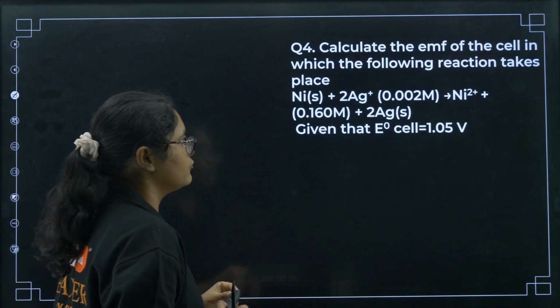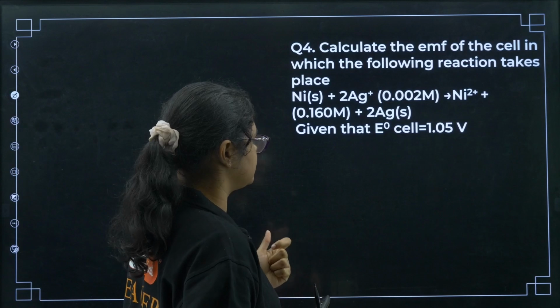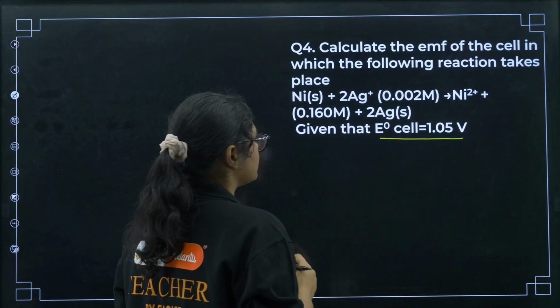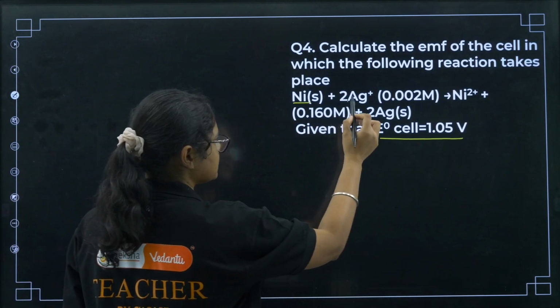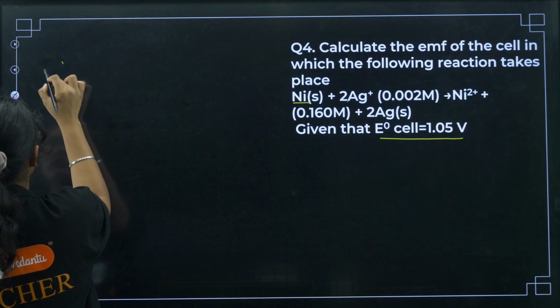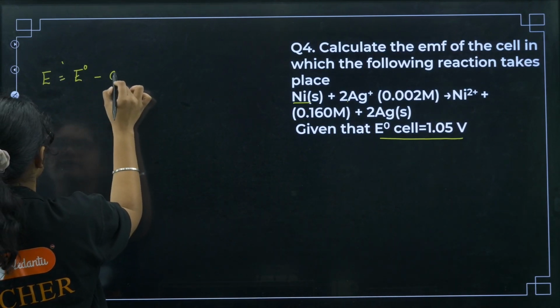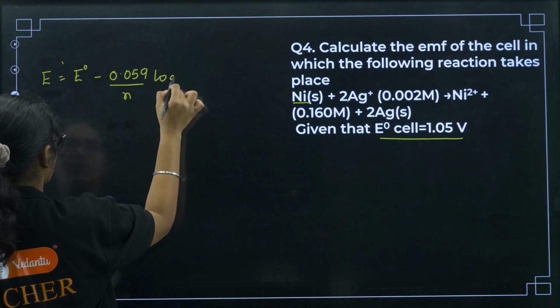Next, question number 4. Calculate the EMF of the cell in which the following reaction takes place. E naught of the cell is given to you, so you have to just calculate the EMF. The cell reaction is given, so we can first write down E of the cell is equal to E naught of the cell minus 0.059 by n log of.